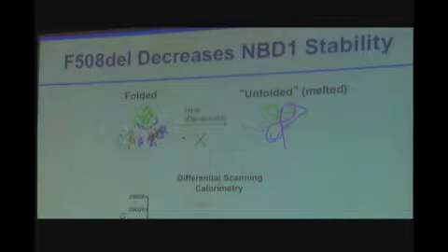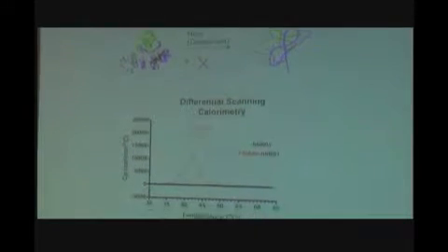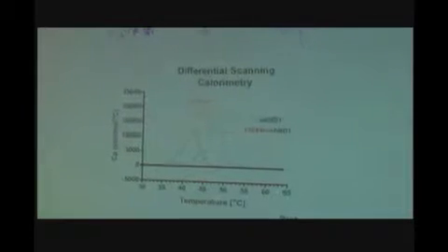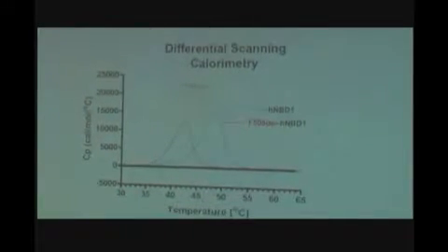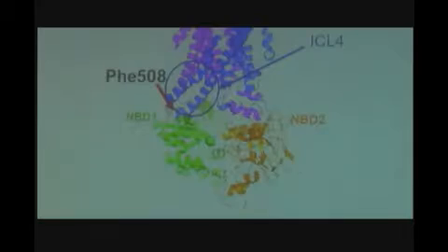What we know is that if we can get that structure to form a tighter, more folded structure, we could change its melting point in the lab. So there are groups working with pure CFTR to try to change its melting point to address that folding problem of nucleotide binding domain 1.